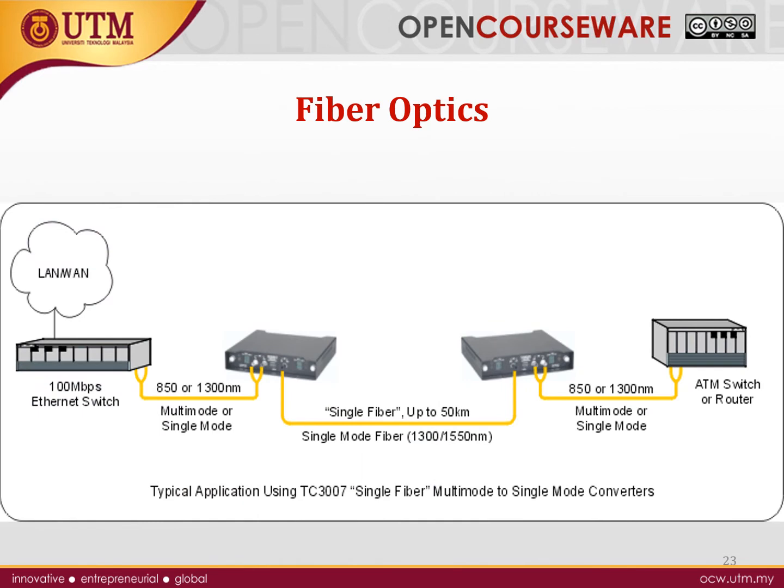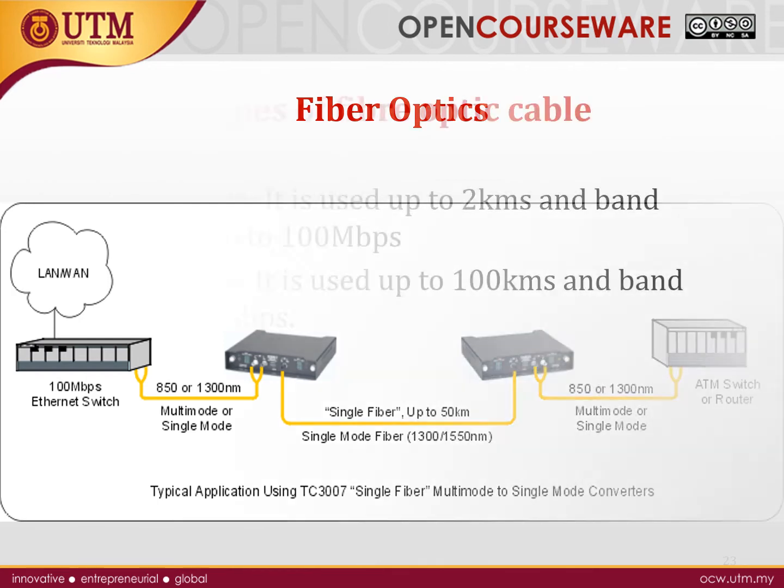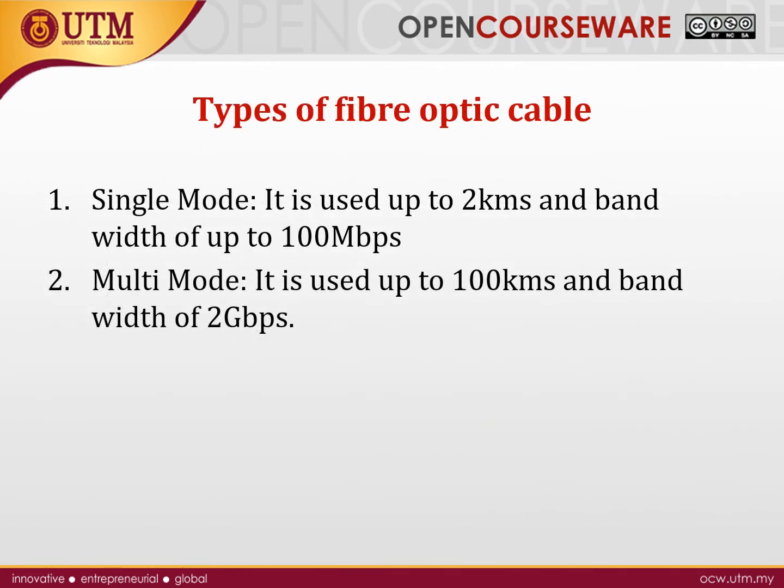In this figure, this is a typical application using fiber optics, whether with multi-mode or single mode converters. As we discussed in the figure, there are two types of fiber optic cable, single mode and multi-mode, and the main difference is the distance.